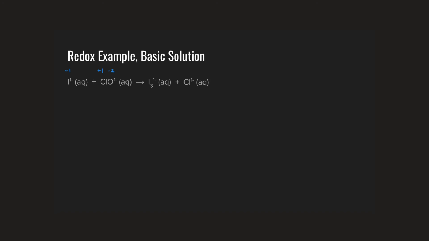That means the sum of the oxidation states of 3 iodines here must equal -1, which logically speaking then means the oxidation state of iodine must be -1/3. And I know what you're thinking right now, that is nonsense, you can't have a fractional oxidation state. And my response to that is, oh, absolutely you can. Because remember, oxidation states are really just an accounting tool to help us keep track of electrons here.